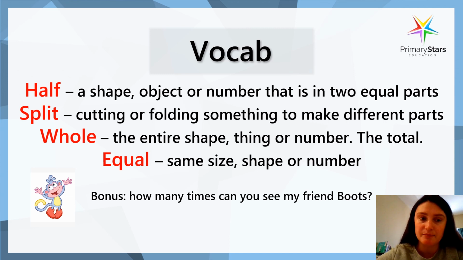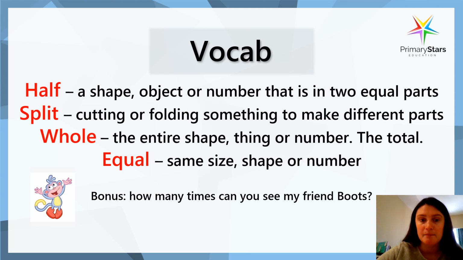So when we're halving something, we could have a shape, we could have an object or thing, or we could have a number. And when we have a half, it is always in two equal parts. Not 3 parts, not 4 parts, not 1 part. Always in 2 parts.